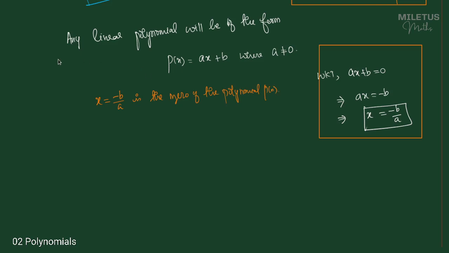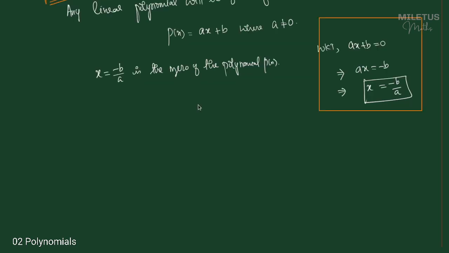Hopefully that makes sense. So that's the result that we have actually derived. You take any linear polynomial, x equal to minus b by a is a 0 of the polynomial.